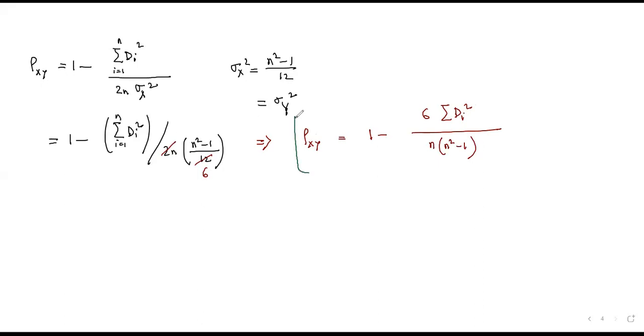This is also a correlation. You can ask whether Karl Pearson's correlation coefficient is different from this. The answer is no. Karl Pearson's correlation coefficient is not different from this. They are actually the same. The rho xy is actually rxy.